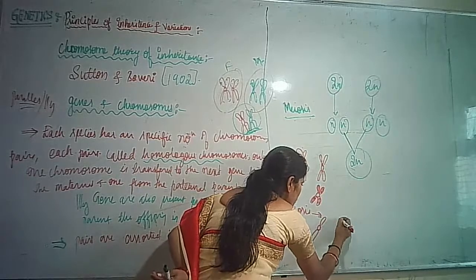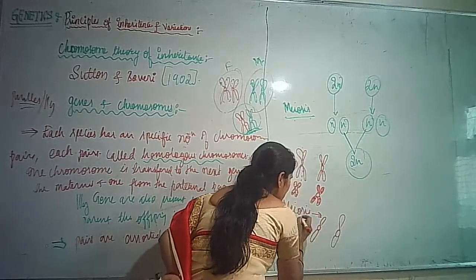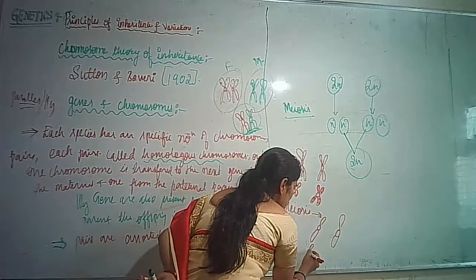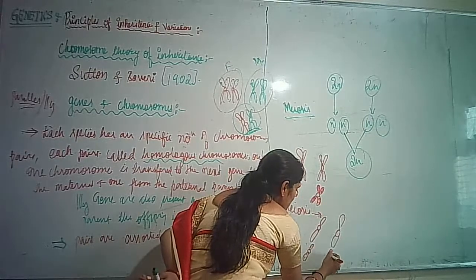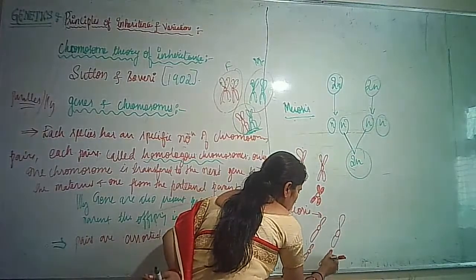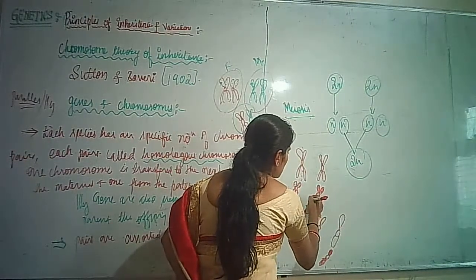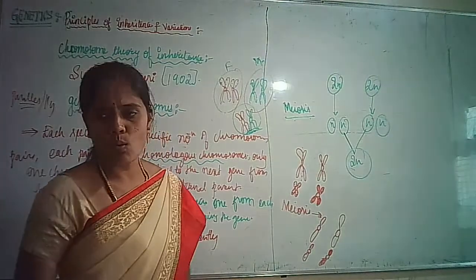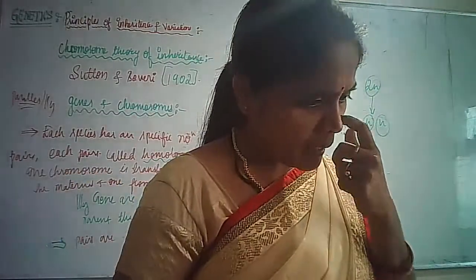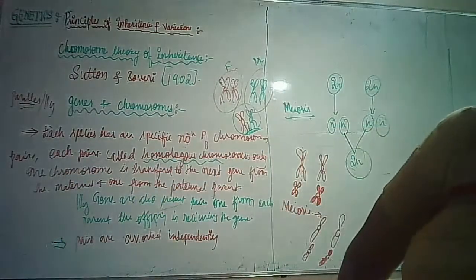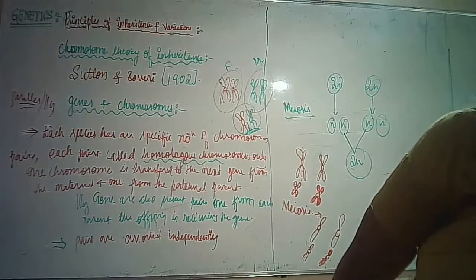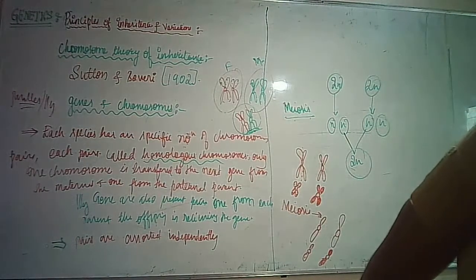These are the chromosomes which are getting separated, and similarly we see the genes also getting separated. So both show the same type of behavior. That is what we call the chromosomal theory of inheritance.